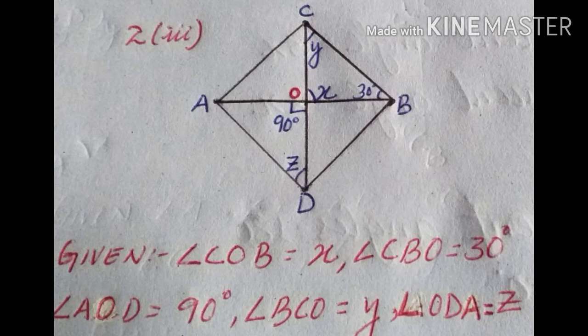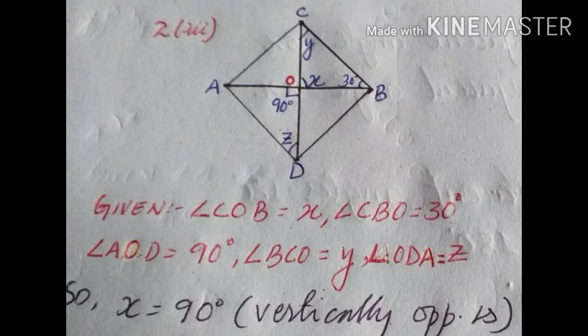Similarly, COB is equal to X, CBO equals 30, AOD is equal to 90, angle BCO equals Y, angle ODA equals Z. Similarly, we can write down X is equal to 90 degrees, because this is 90 and X, this is a vertically opposite angle. So X is 90.